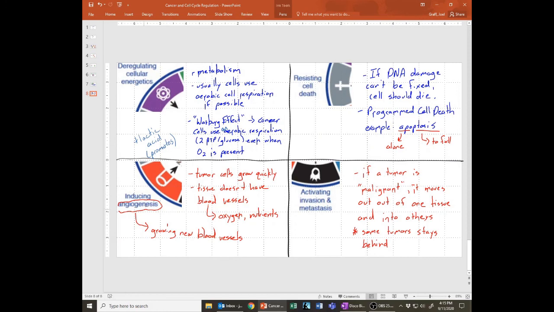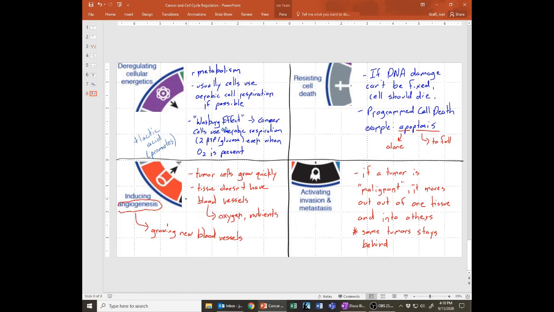Next we've got inducing angiogenesis. Angiogenesis is the fancy word that means growing new blood vessels. And in the case of a tumor, your tumor cells grow quickly, but if it's just the regular tissue cells dividing, then there's not going to be any blood vessels to bring in oxygen or nutrients or to take away waste products from the tumor cells that are growing quickly.